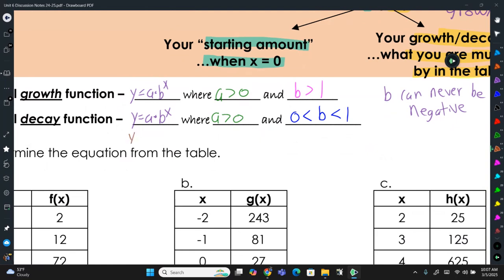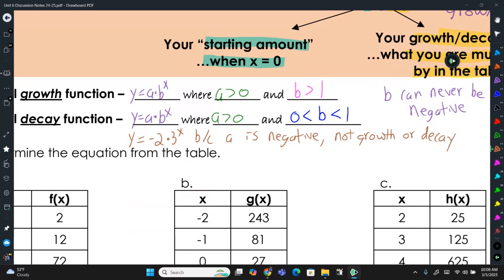So an example of that would be like y equals negative 2 times 3 to the x. Our a value is negative, so it's not growth or decay. Because a is negative, it's not growth or decay.